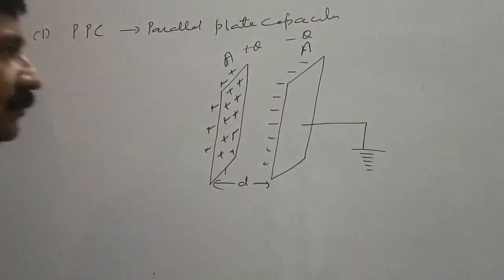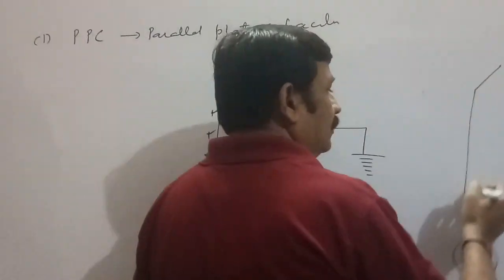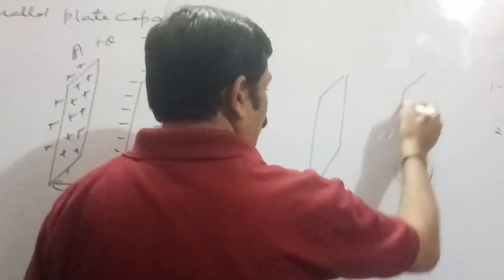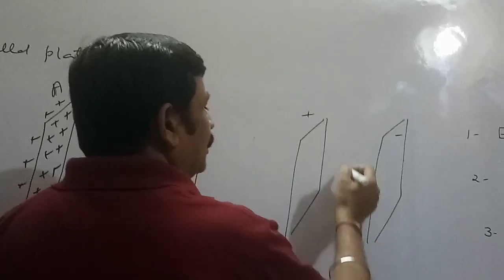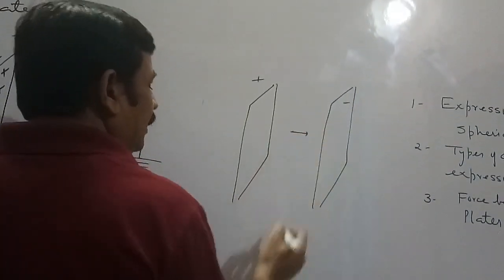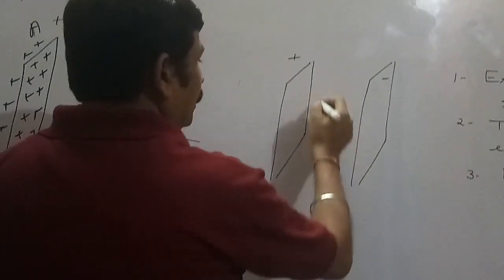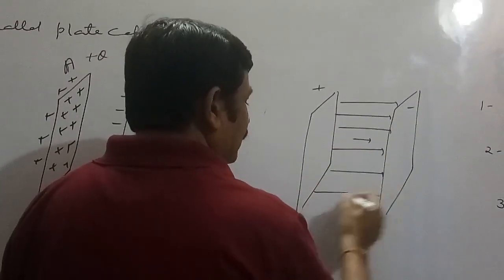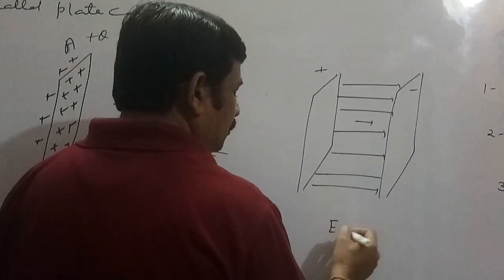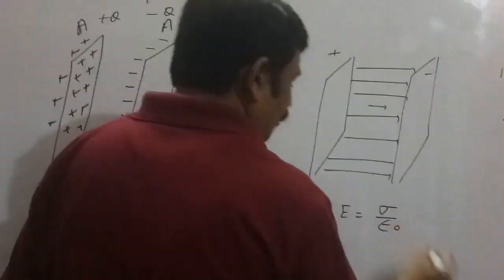In Gauss theorem, if you remember, I told you that two oppositely charged plates have an electric field inside them only. Here we get a uniform electric field region and the intensity expression was sigma by epsilon naught.